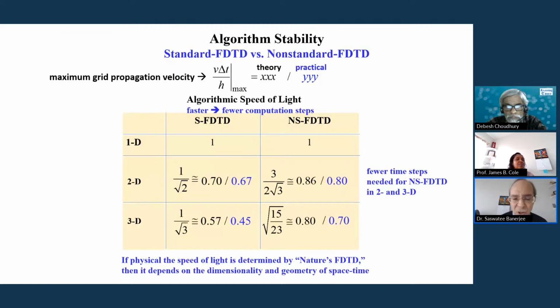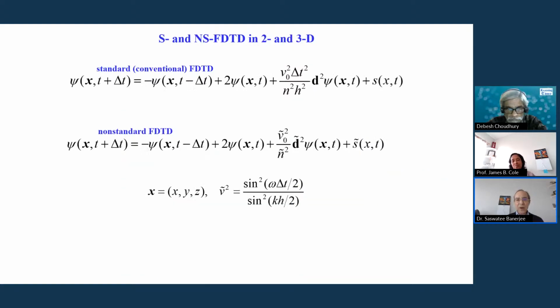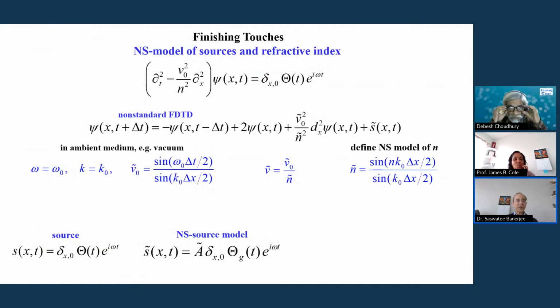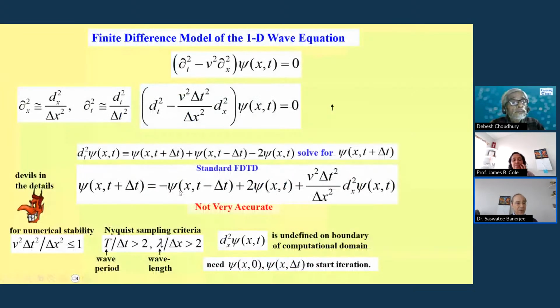Now I'd like to go back to what I said up here, where, remember, I said that in this wave equation model, in this FDTD, there are devils in the details, and one of them is numerical stability. Anytime you solve something iteratively, and there are many kinds of iterations, you always have to worry about numerical stability.